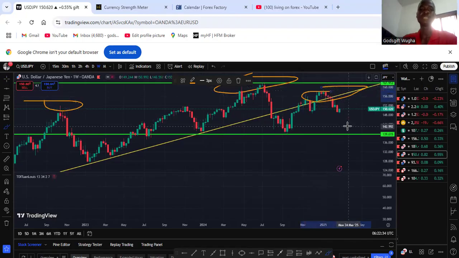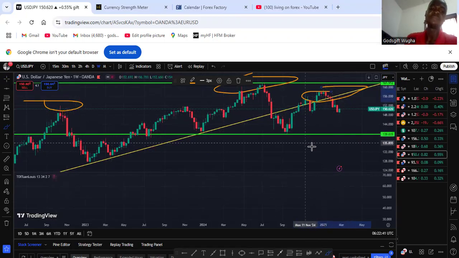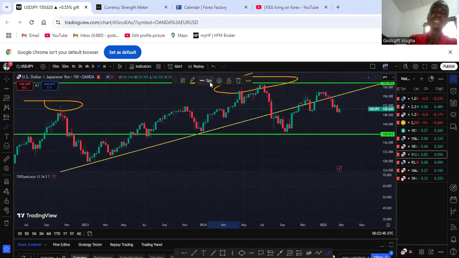It just respected this. It could not break this high that it did, and it could not break all of these highs. So this is a reversal. This is how you spot your reversal, and then the market is officially reversed. That is why when I look at the chart, I'll tell you this pair has officially reversed. That is how it works.